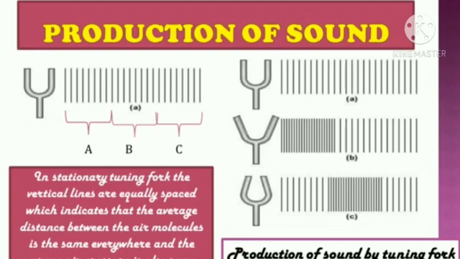This indicates that the average distance between the air molecules is the same everywhere, and the average air pressure in the three regions A, B and C is also the same. Means in figure A the air molecules are the same everywhere, and the average air pressure is also the same.